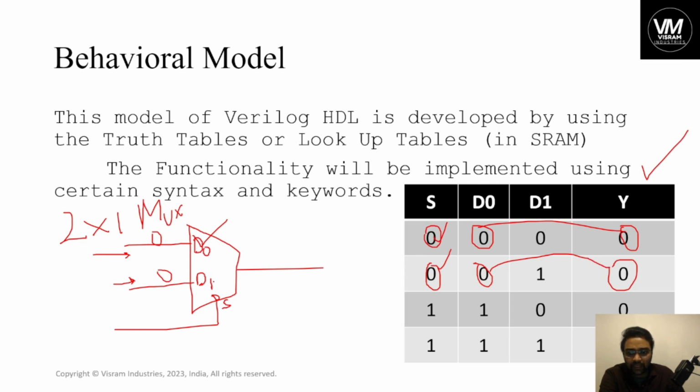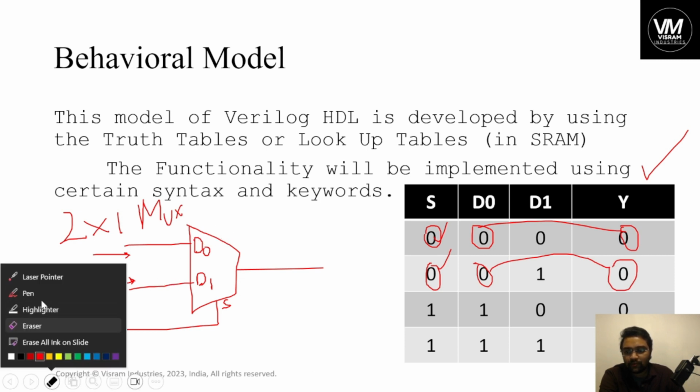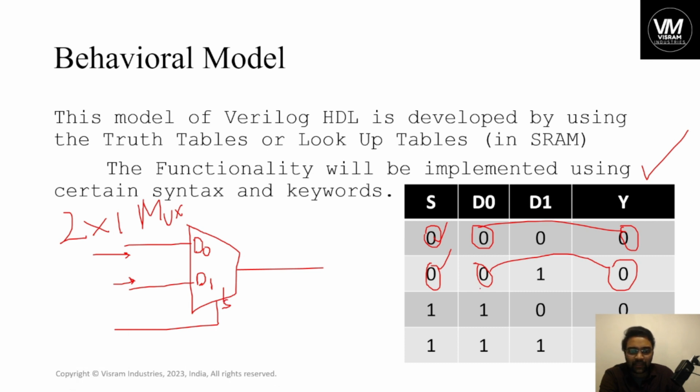Now let us take S is equal to 1. Now the selection is 1, and this selection 1 enables the multiplexer to select the data input flow from D1 to the output, in the same way it did for S is equal to 0.